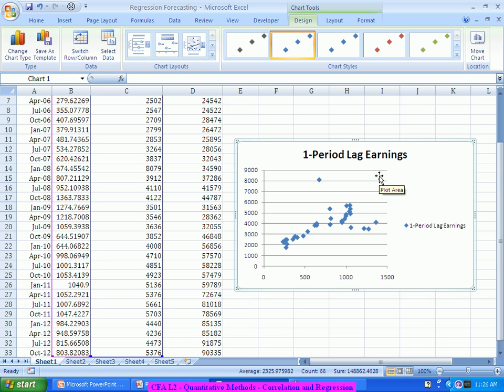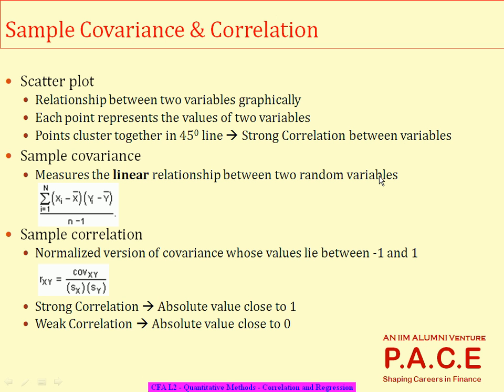But in some cases, we may observe a pattern that as X is increasing, Y could be falling. Or we could observe a pattern that even if X is increasing, Y may or may not be changing at all. Or in some cases more, some cases less. So based on that, we arrive at what is the relationship between the two variables. So scatter plot is one of the diagrams which help us in finding out the relationship between the two variables.